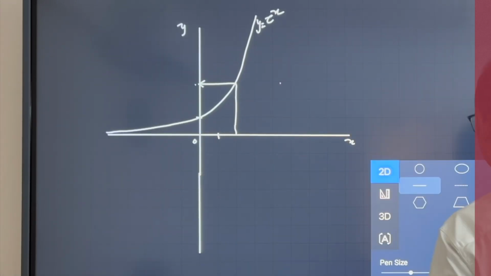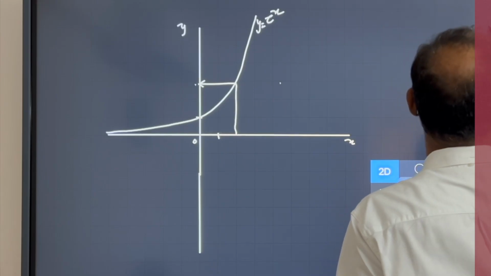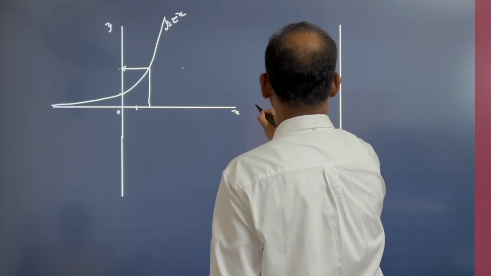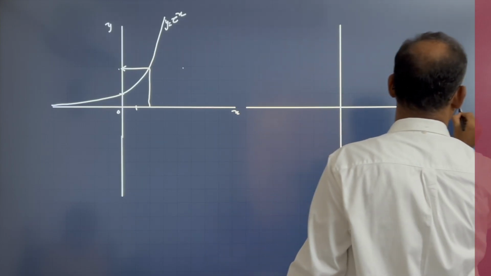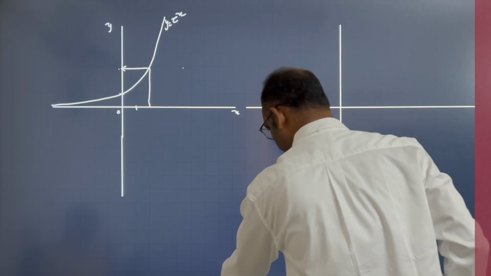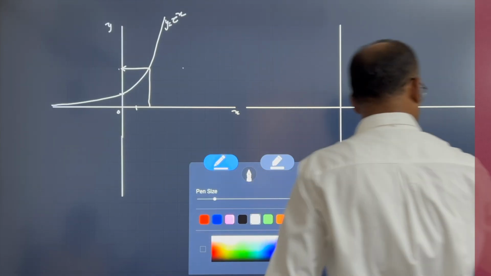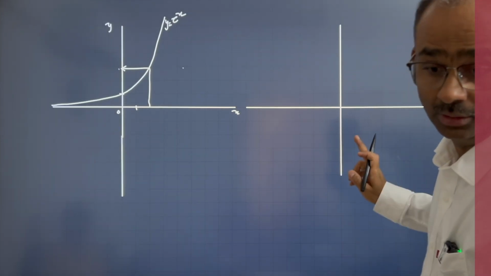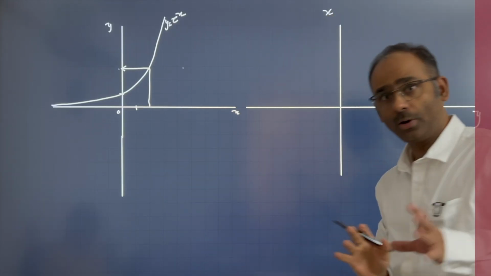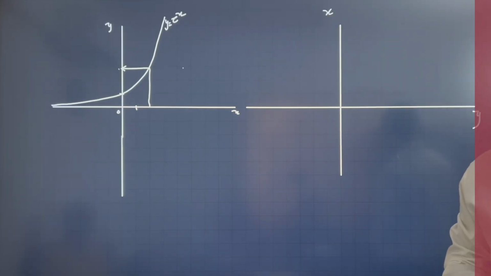So if I get this correct, now this time I want to put y on this, x on this, and still plot e to the x, right?